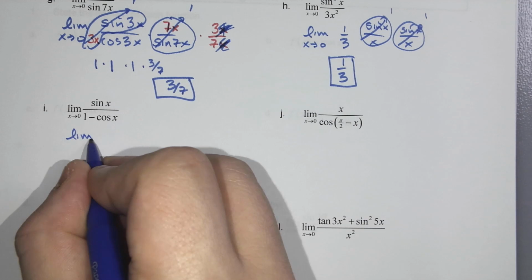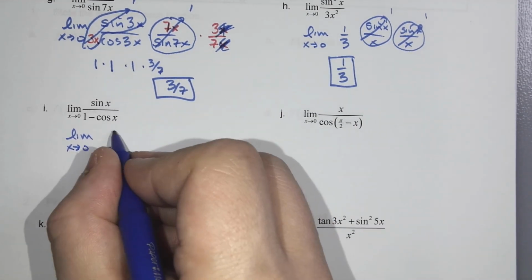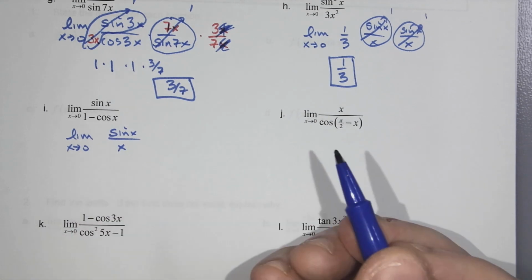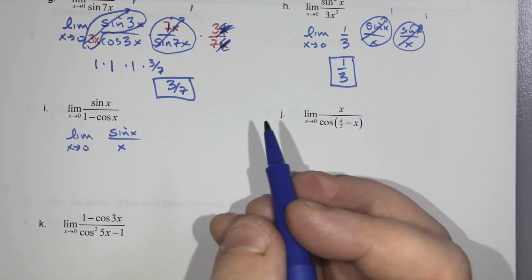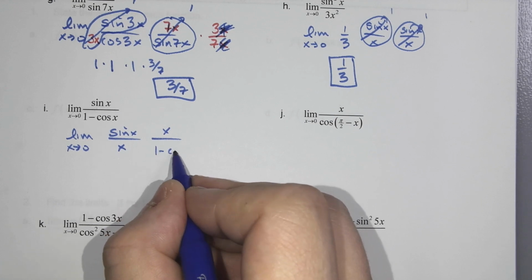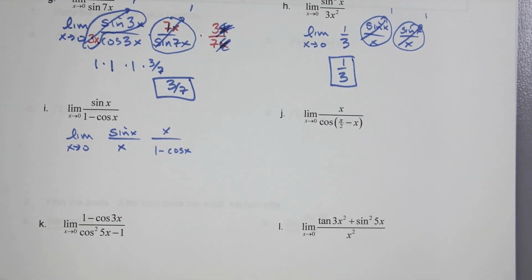limit as x approaches 0, sine x. I want to put an x on the bottom, so I will, but then I would need to put an x on the top, and this would be the 1 minus the cosine of x.